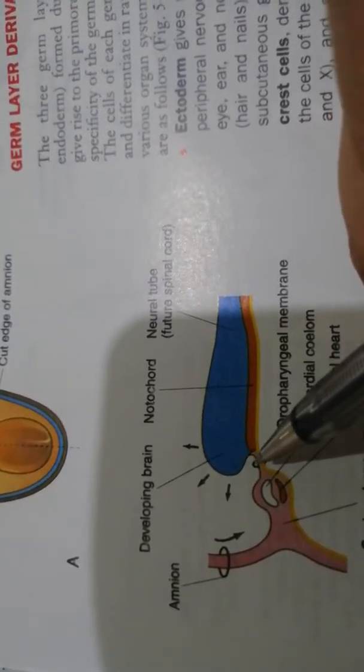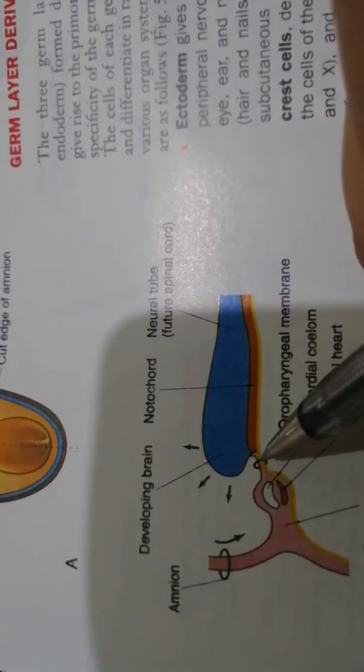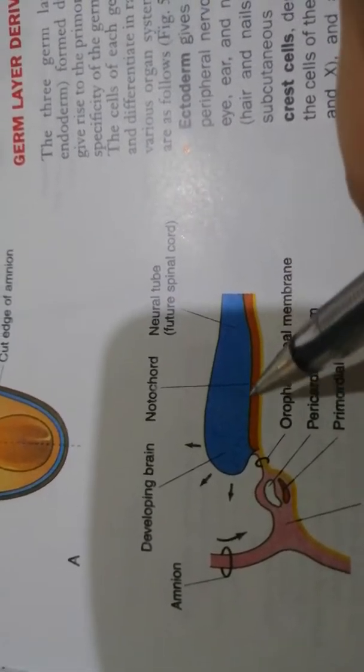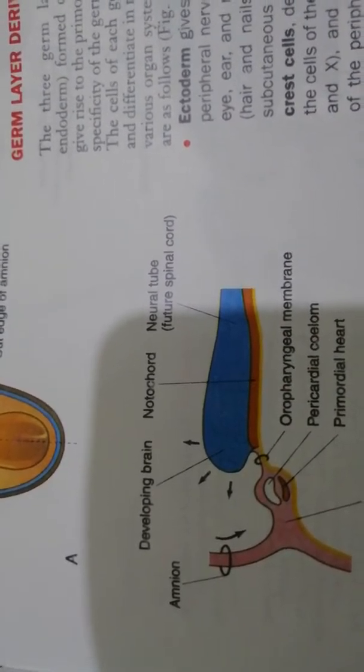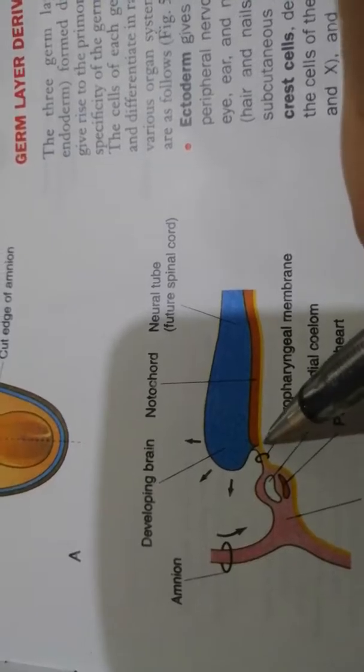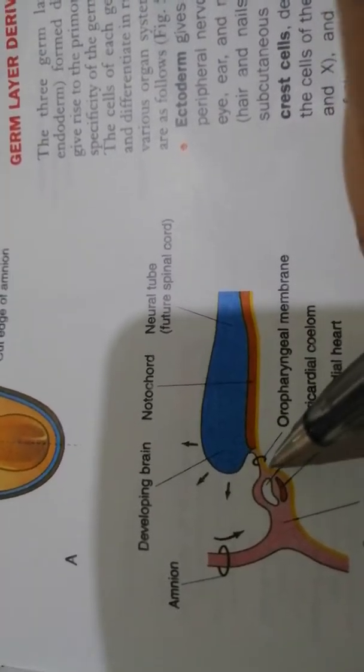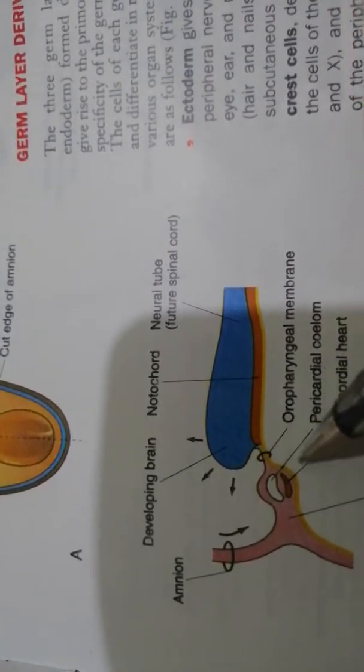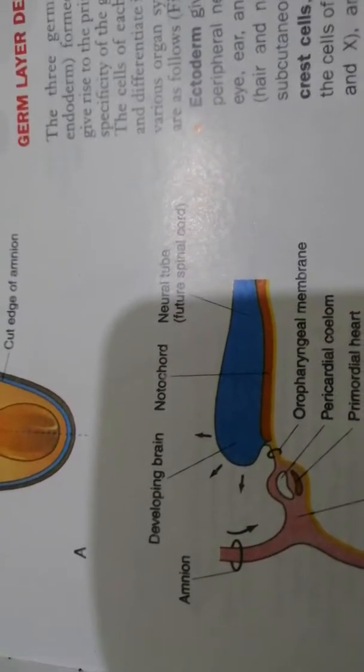Oropharyngeal membrane, the point where the ectoderm and the endoderm are fused, so no mesoderm can come in between, and the notochord cannot elongate beyond this point. This is the cardiogenic mesoderm area, which is still intraembryonic but is beyond the oropharyngeal membrane.